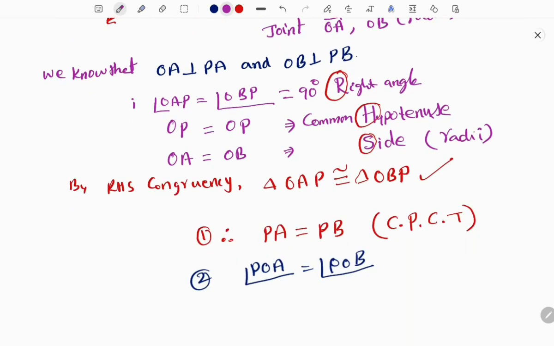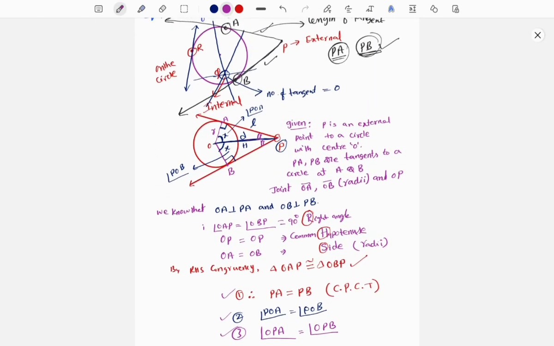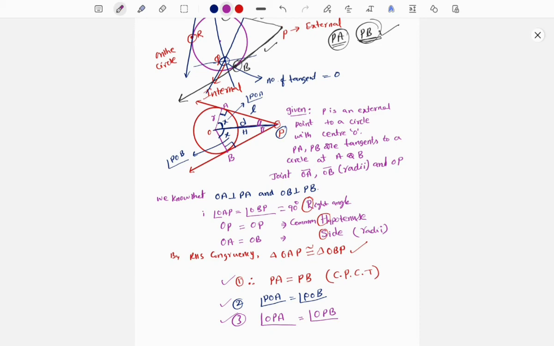So the third conclusion: angle OPA is equal to angle OPB. These are three conclusions. I hope all of this is understood. This is a very important theorem.